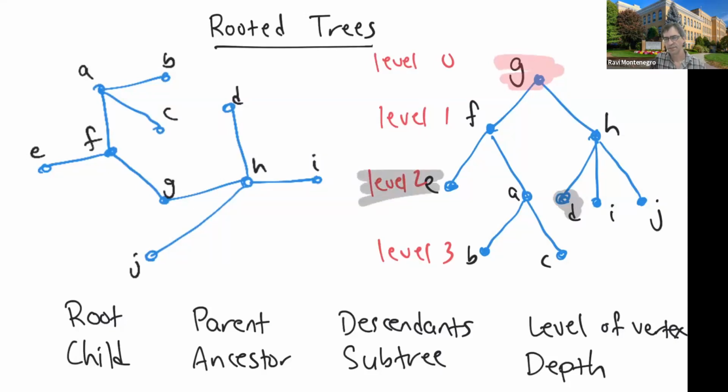So the level of the vertex is how far down you had to go from the root. Finally, our last term we're going to have for rooted trees is the depth. And the depth just tells you how far down the tree you go. So the depth of this tree is 3, because if I started at G and I worked my way down, it would take me 3 steps.